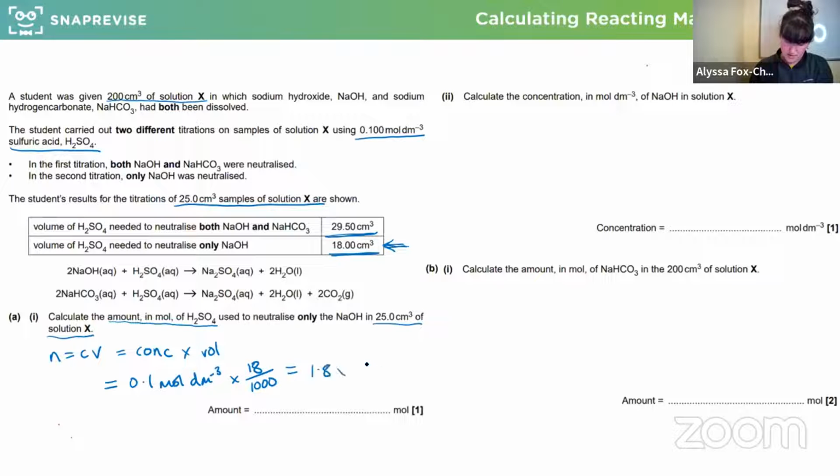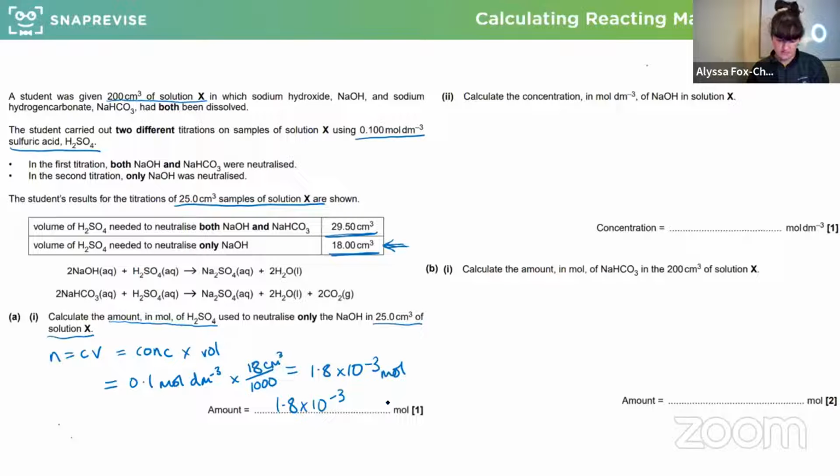That gives me 1.8 times 10 to the minus 3 moles. That's all I need to do for that one, because all it wants to know is the amount, the moles of sulfuric acid needed to neutralize sodium hydroxide, which is what that bottom second titration is about.